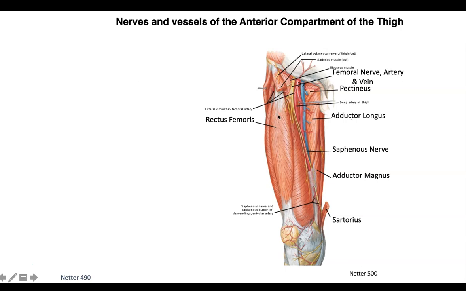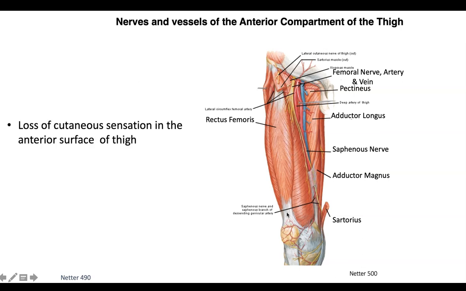The femoral nerve supplies all the muscles of the anterior compartment of the thigh, and these muscles are the extensors of the knee joint. The quadriceps femoris especially is the great extensor of the knee joint. In case of injury of the femoral nerve, what will happen? It causes loss of cutaneous sensation in the anterior surface of the thigh.